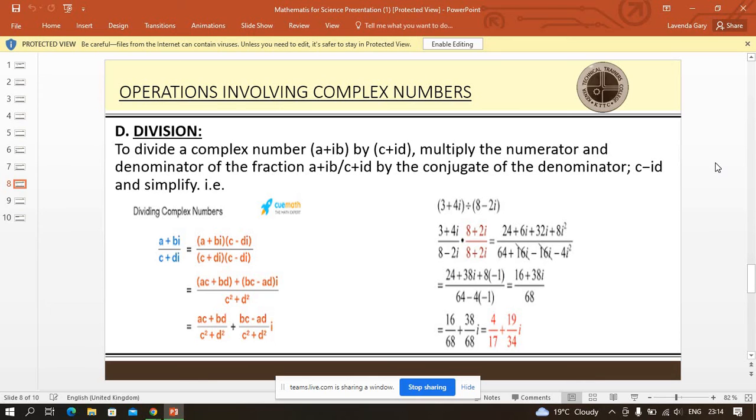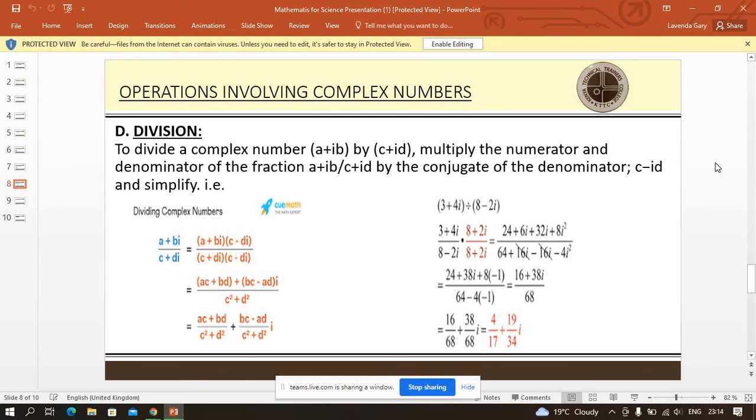What is a denominator? The denominator is the lower value. Given a over b, a represents what? Numerator. And b, the denominator. So when we are going to perform the quotient, we shall multiply by the conjugate of the denominator.